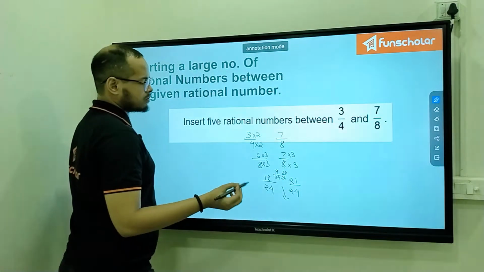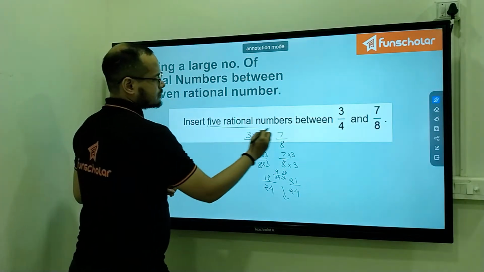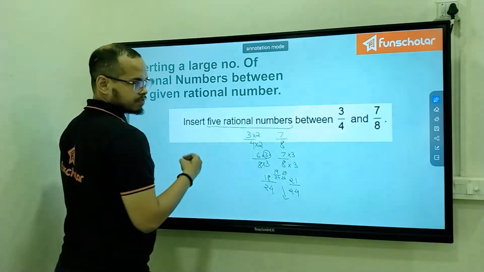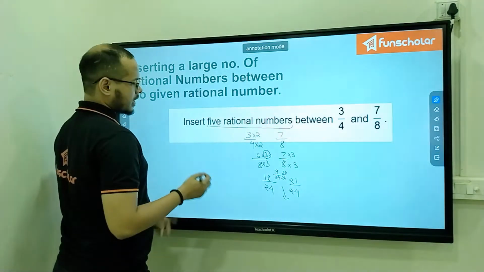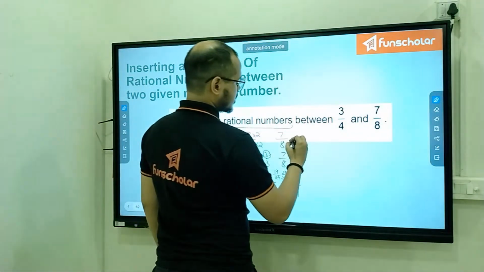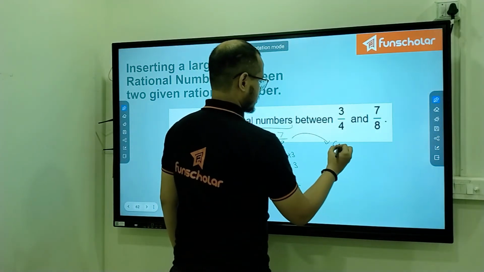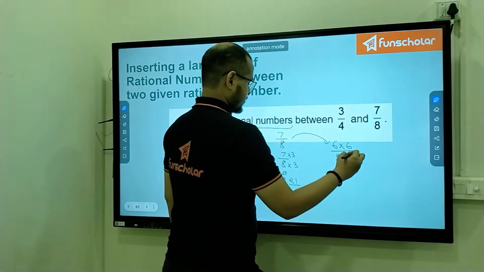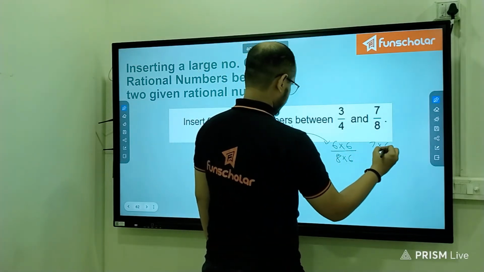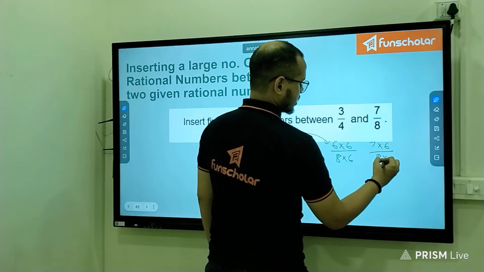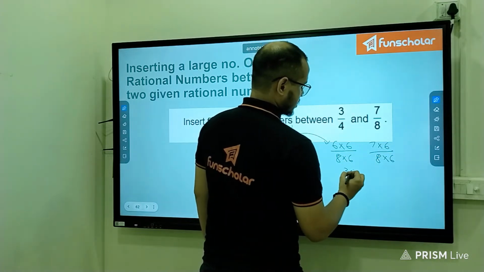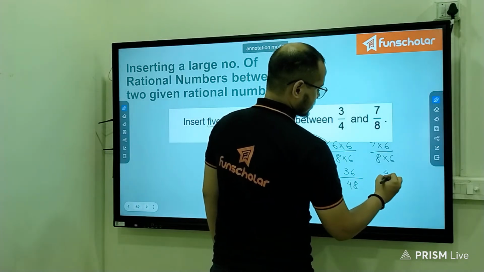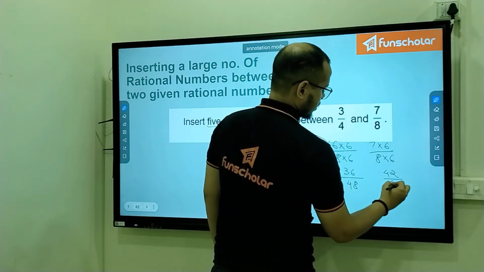Now see, there is one more method to find out. I need 5 rational numbers here. If I multiply by 3, I got 2. So if I multiply by 6, I should get 5. Let's follow that intuition. So 6 into 6 by 8 into 6, and 7 into 6 by 8 into 6. 6 6s are 36, 8 6s are 48, 42 by 48.